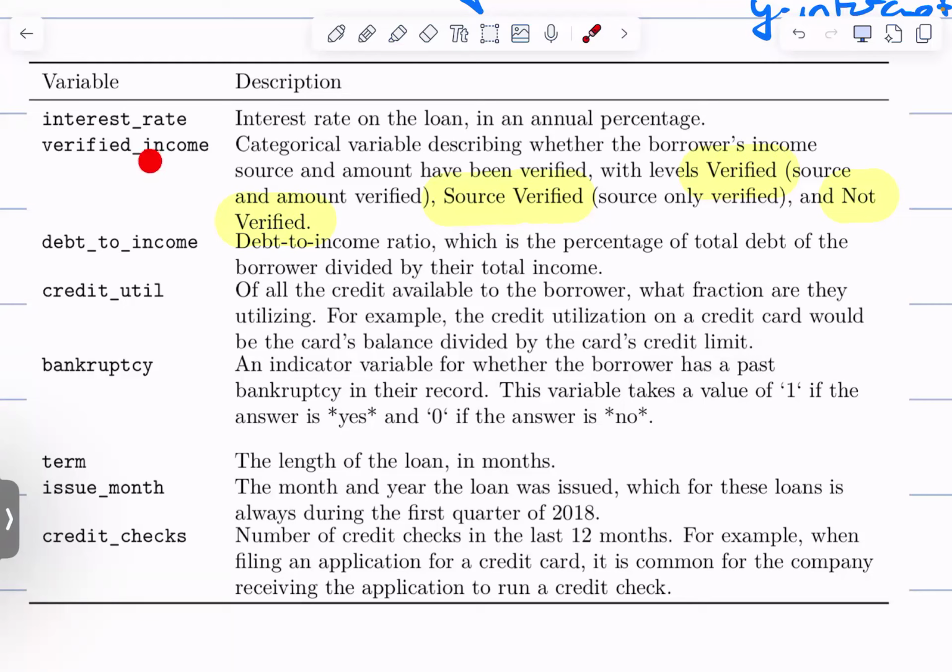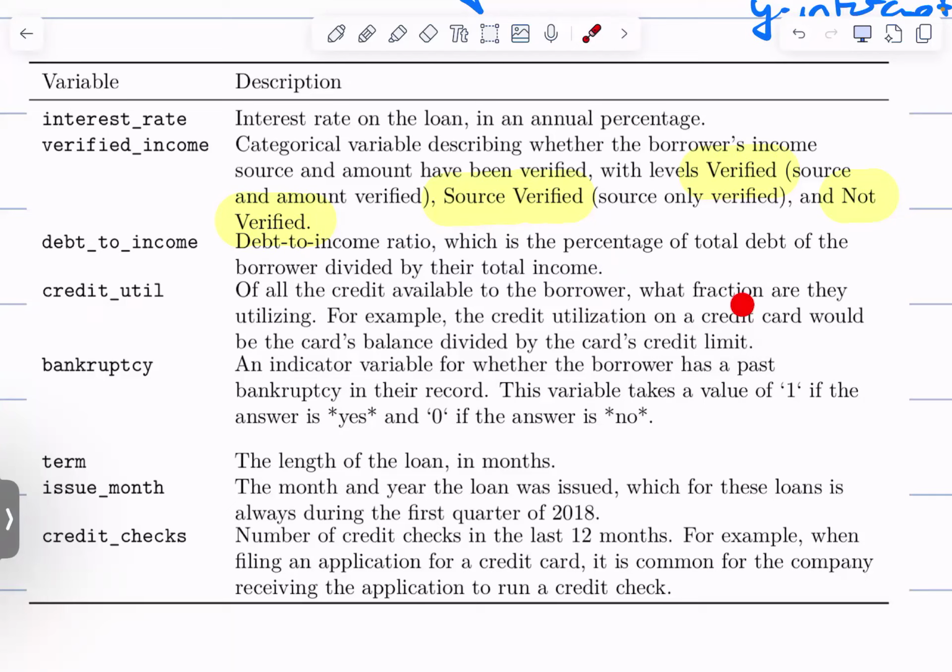So what I want to do is skip ahead. We've got the debt to income ratio, which is another common measurement: the percentage of total debt divided by their total income. And you've got the credit utilized, I think is what the util is for, which is the fraction of credit they're utilizing versus what they have available.